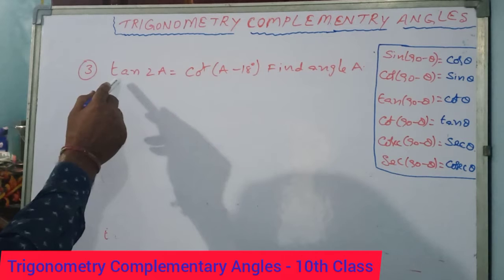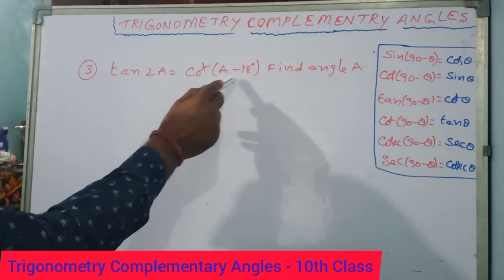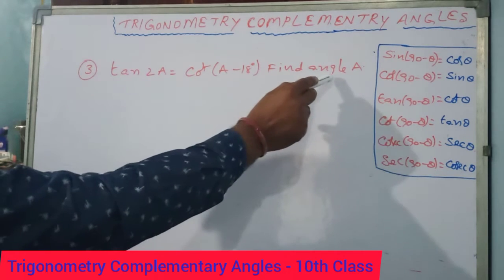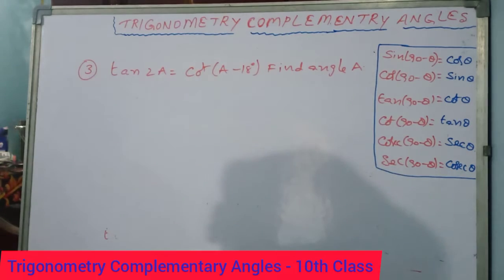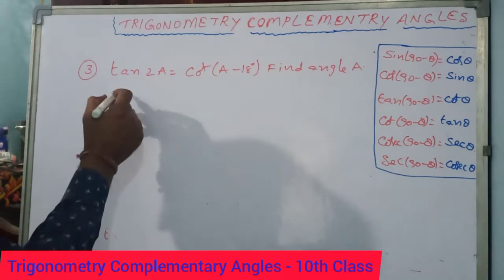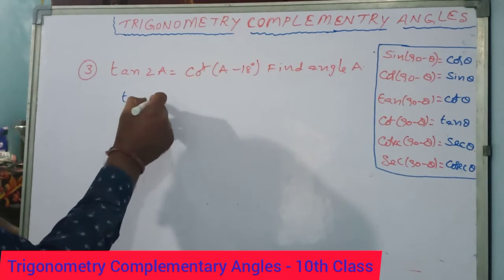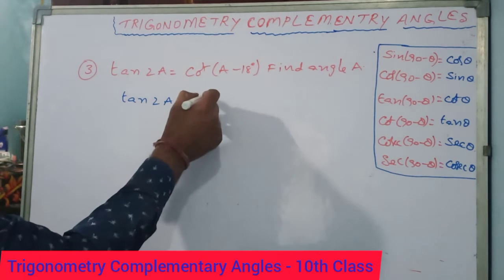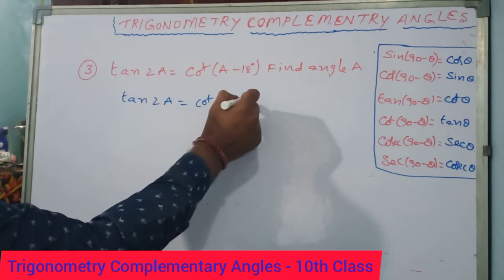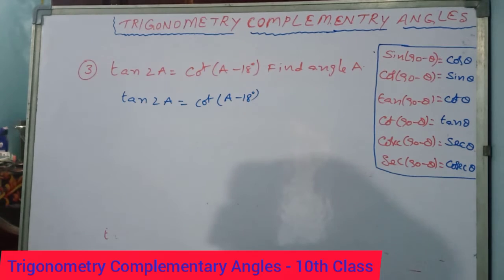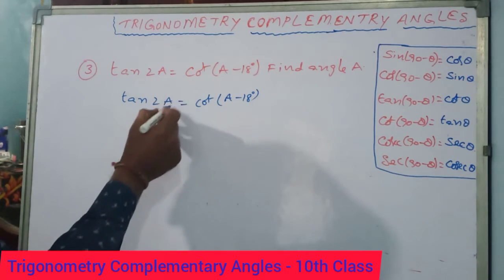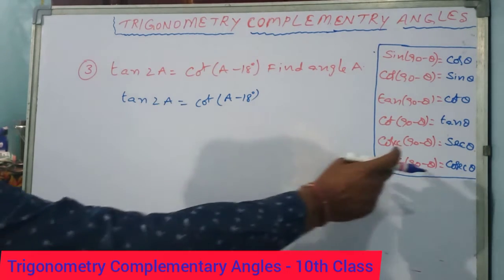In the third question, tan 2a equals cot of a minus 18 degrees. Find the value of the angle a. So what is given? Tan 2a is equal to cot of a minus 18. Change one side. Here it is tan theta. What is the tan theta formula?